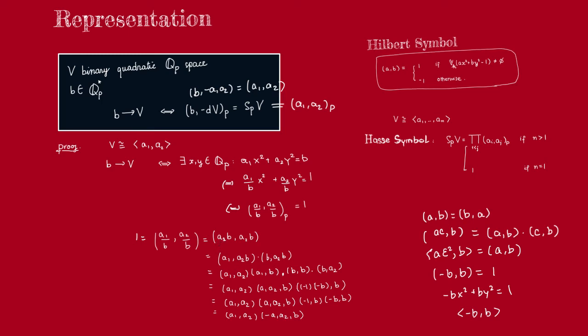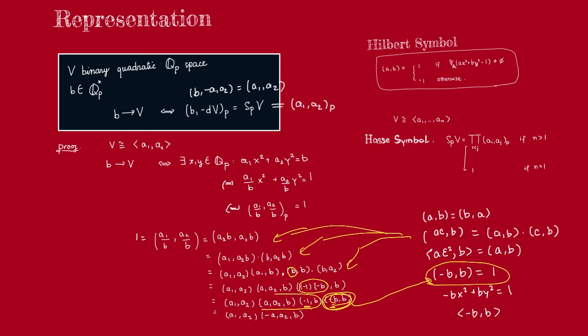So here we use the bilinearity in all of these steps to pull out these elements. Now here I write B as minus 1 times minus B, so that I can pull this out because I want to use the fact that this is just going to be equal to 1. And I use bilinearity to condense this so that here we have d(V).